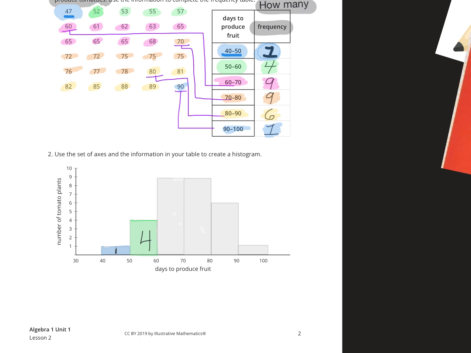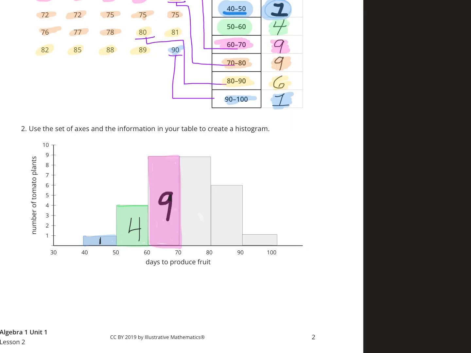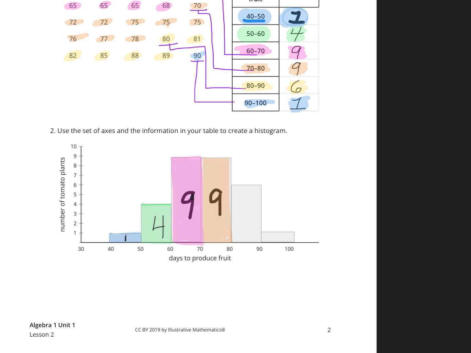So next, I'm going to do my next interval, which is between 60 and 70, and had 9 pieces of data that fell in there. So that is why that bar is 9 units high. Then you see our next interval was 9 high. So that takes care of our next bar.